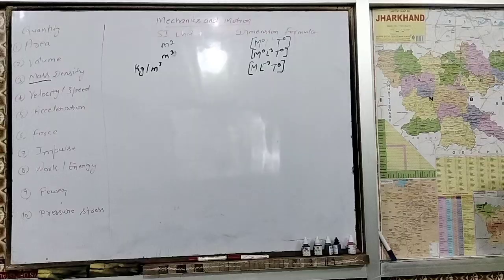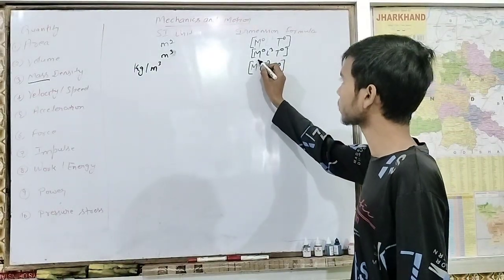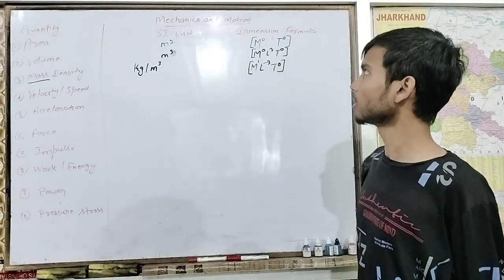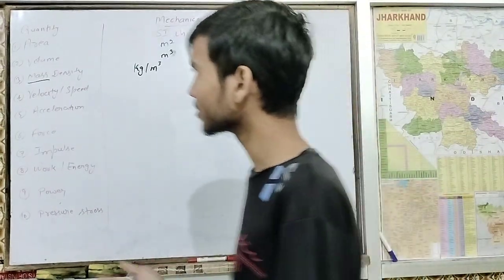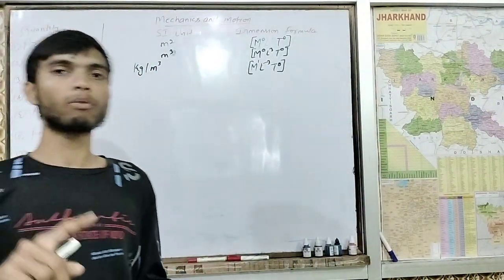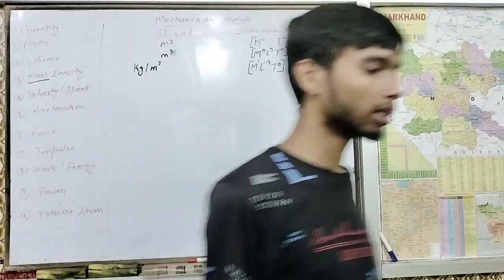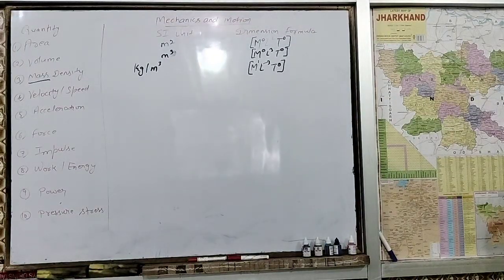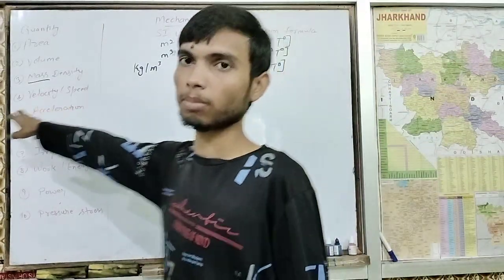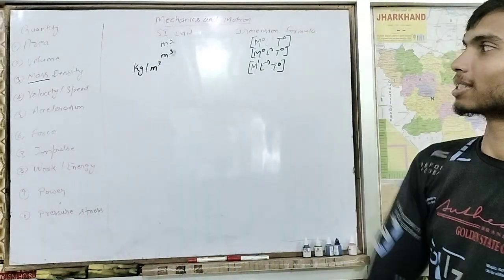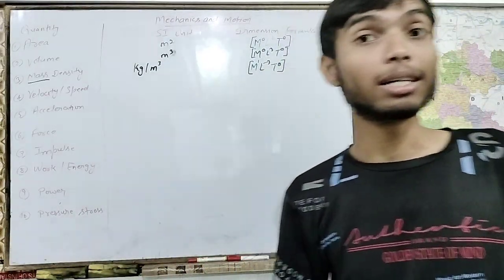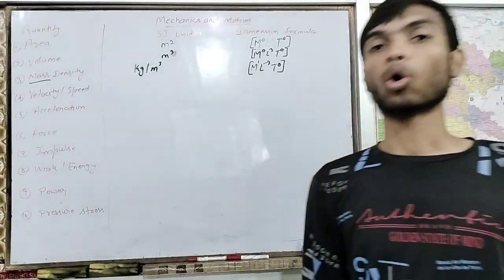Now next we have velocity and speed. Both are the same. The difference is that one will provide a direction, but the other will not. Velocity provides direction, but speed does not.